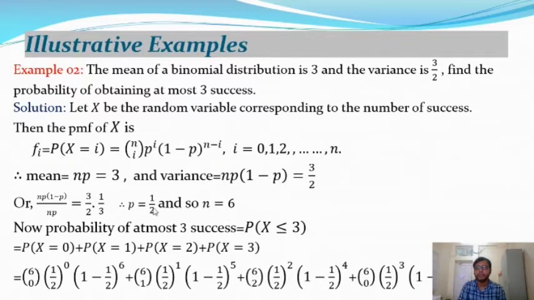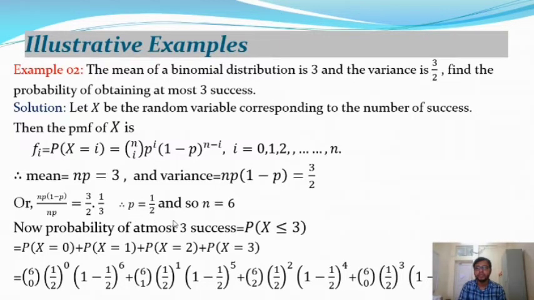Putting the value of p in the first equation, it gives n equal to 6. So the number of trials in the binomial distribution is equal to 6, and the probability of success of the binomial distribution is 1 by 2.